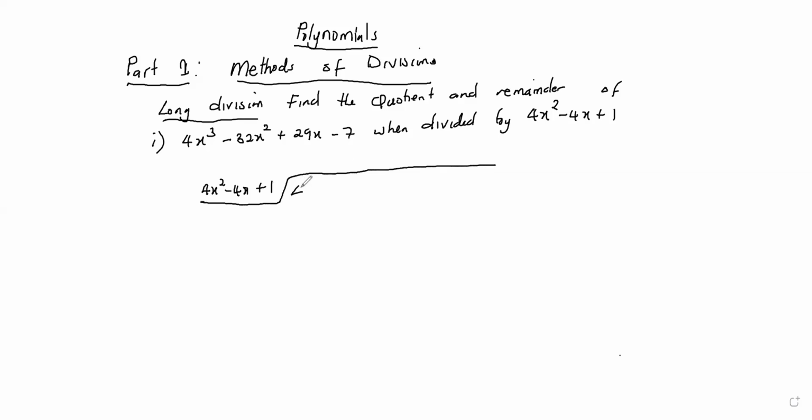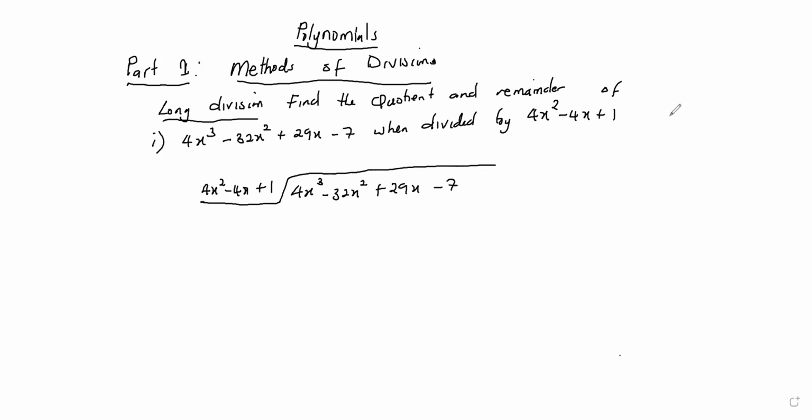and then you put 4x power 3 minus 32x squared plus 29x minus 7. So you divide 4x squared into 4x power 3.